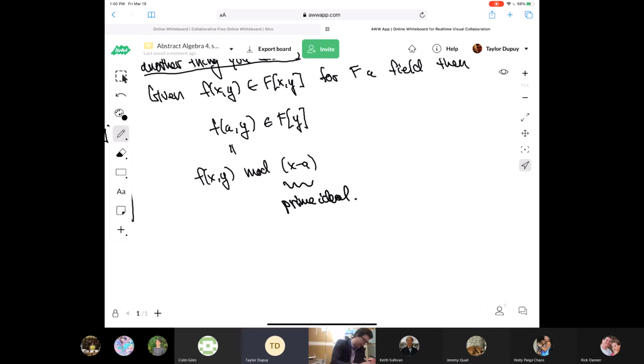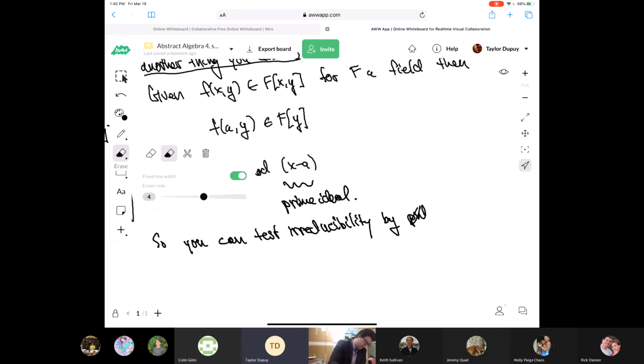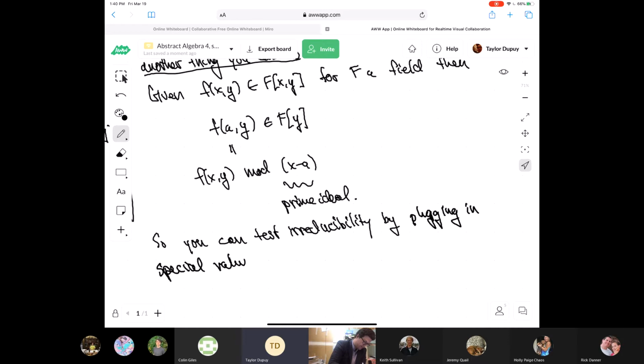So you can test irreducibility by plugging in special values and checking irreducibility for that specialization.